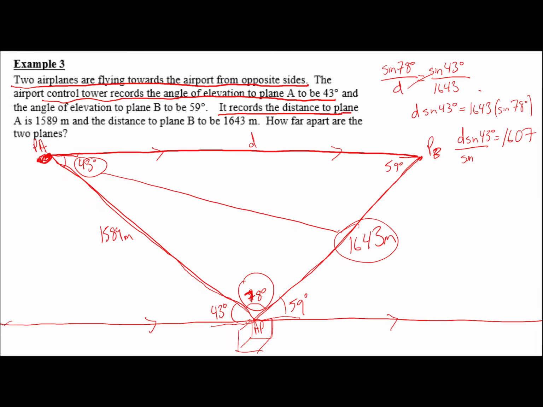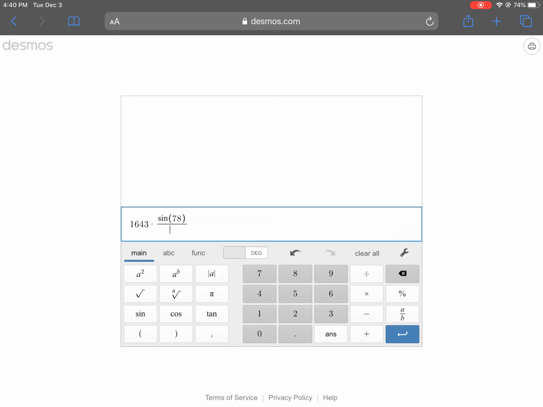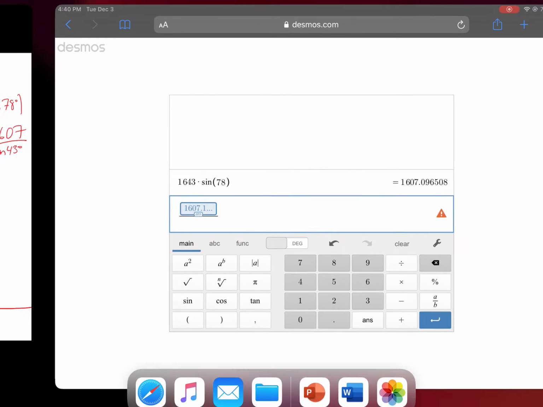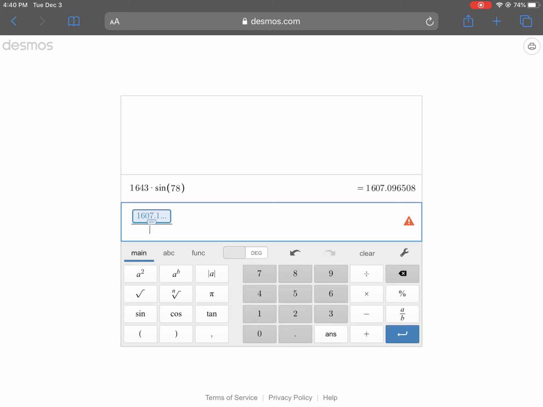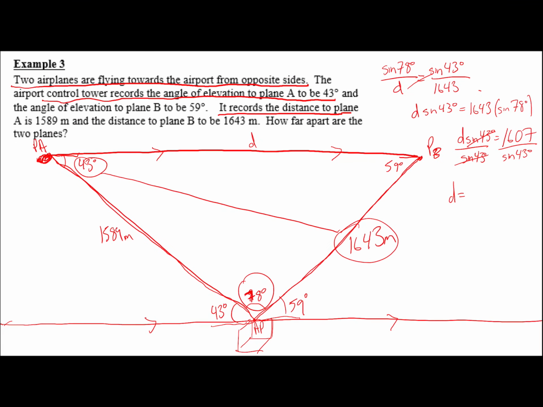Divide everything by sine of 43. By the way, sine of 43 is just a number, so it's just dividing by some number. D equals 1607 over sine of 43. 1607 divided by sine of 43 gives 2356.